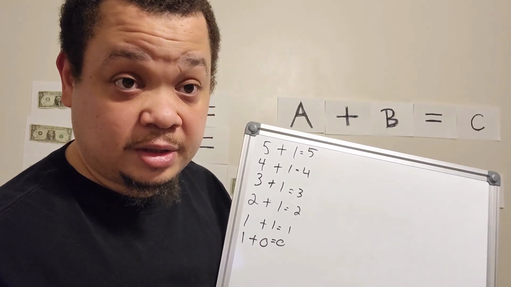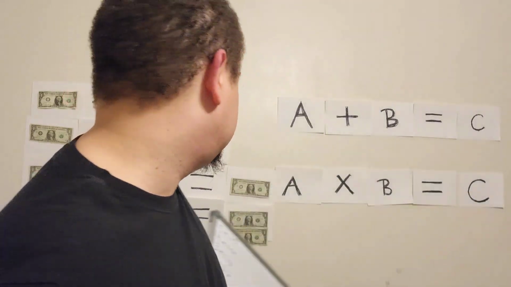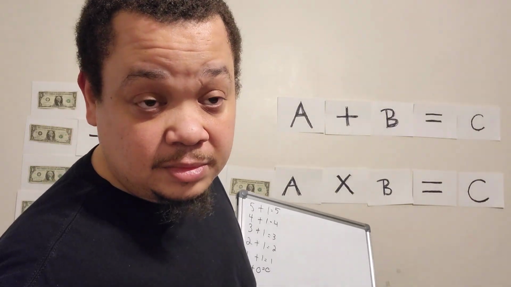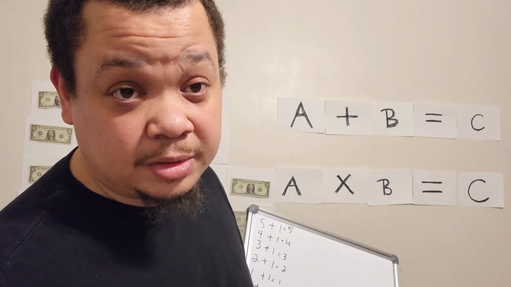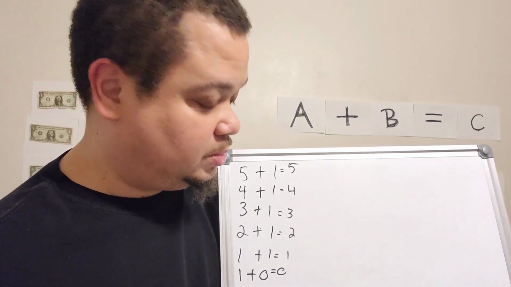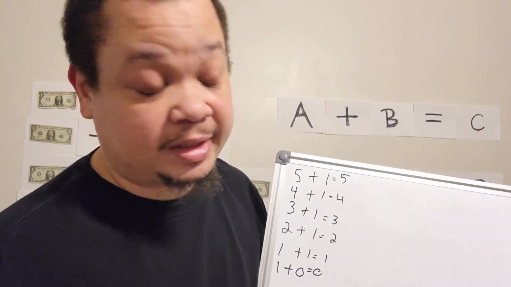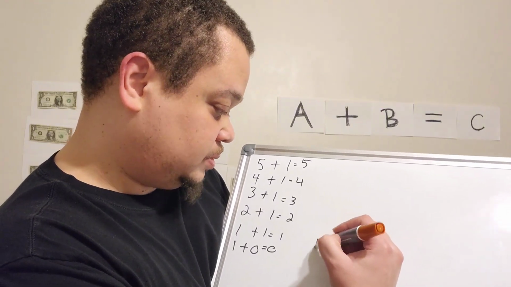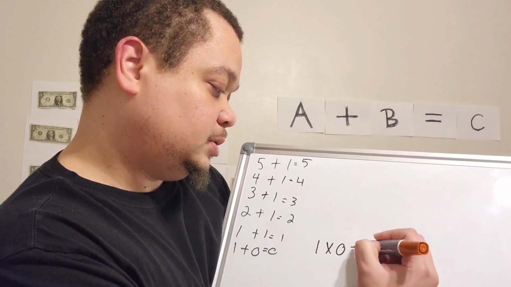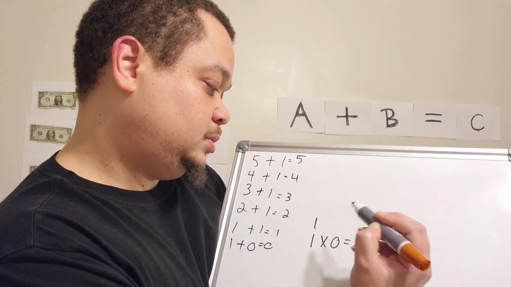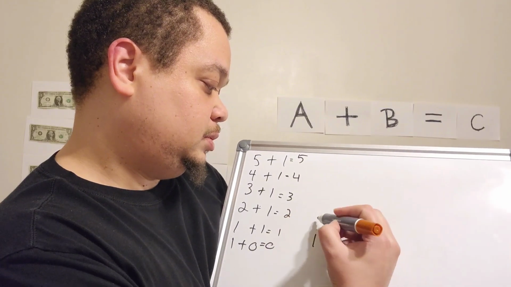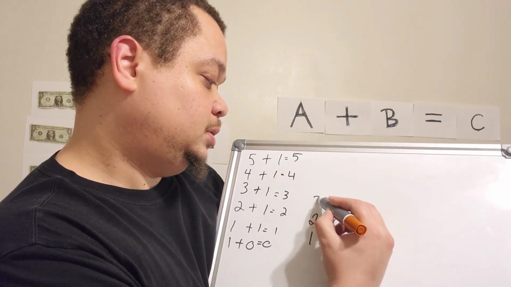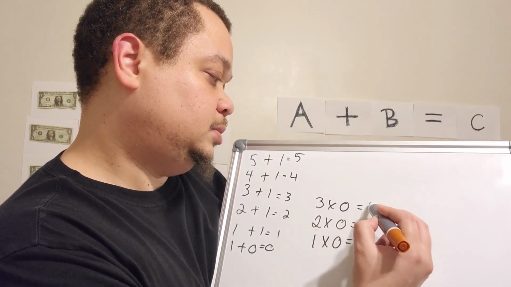Right. And so I've proven to you that 0 times 1 equals 1. Or it should equal 1, I should say. All right. So I'm going to do the multiplication on this side. 1 times 0 equals 1. 2 times 0 equals 2. 3 times 0 equals 3.